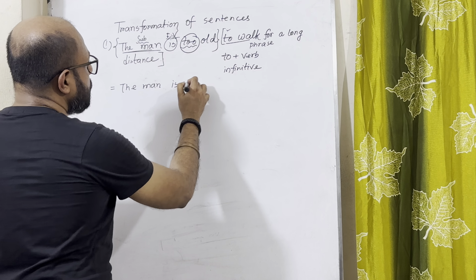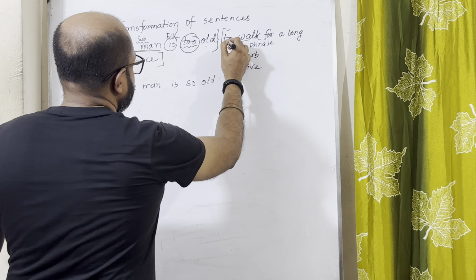Okay, and then we will write the adjective old. The man is so old. So this will be my principal clause, but I need a subordinate clause.